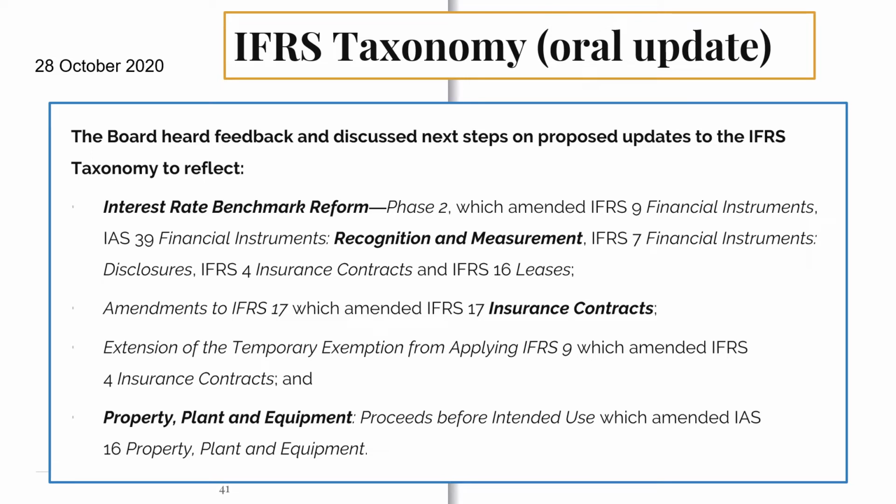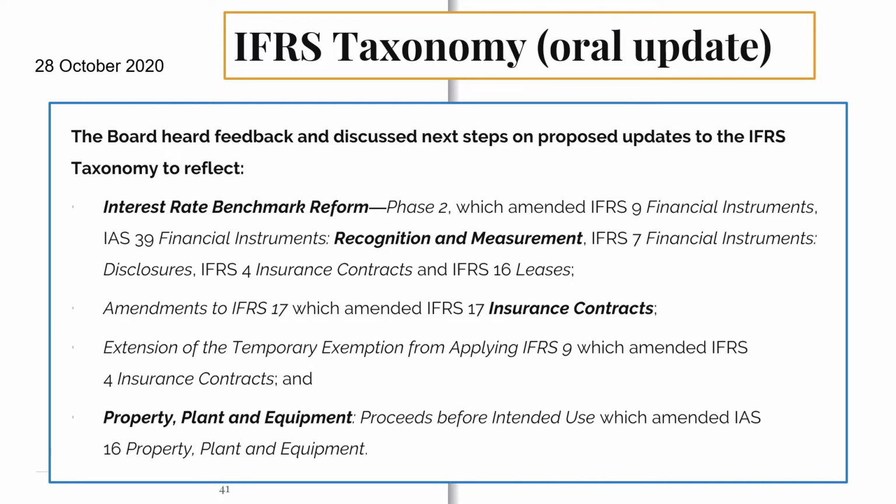The board heard the feedback and discussed next steps on the proposed update to the IFRS taxonomy to reflect the interest rate benchmark reform, recognition and measurement of financial instruments, and also some amendments in insurance contracts, and also some amendments in IAS 16, property, plant and equipment.